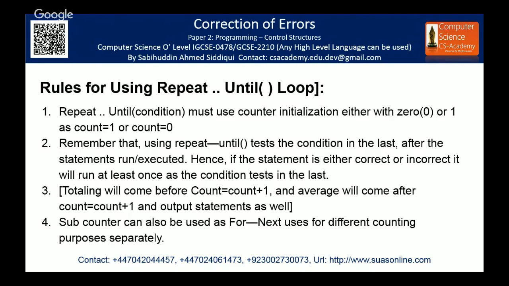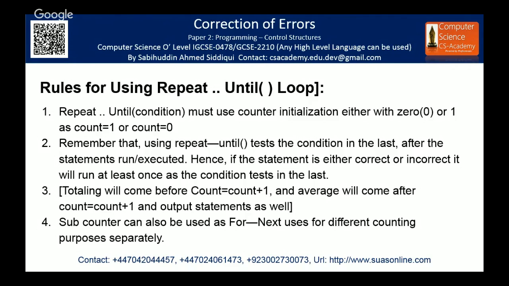Point number 2, remember that using repeat until, the condition is tested at the last, after the statements run. Hence, whether the statement is correct or incorrect, it will run at least once as the condition is tested at the last. Point number 3, totaling will come before count equals count plus 1.